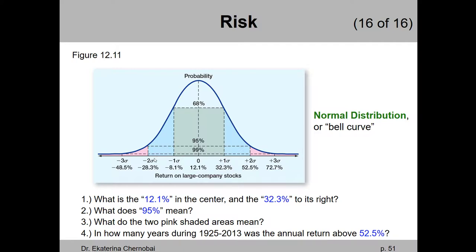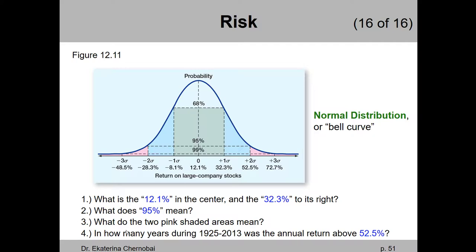It means we also have 95% of the time within this range, and the remaining 5% of the time we are outside this range. So 5% of the time the return was below minus 28.3% or above 52.5%. Either below or above these 2 percentages, 5% of the time.